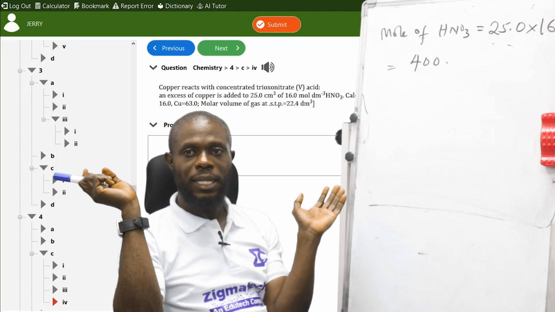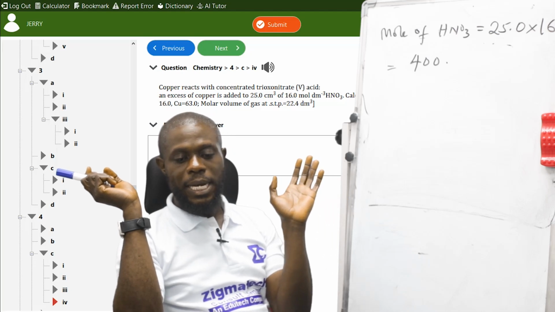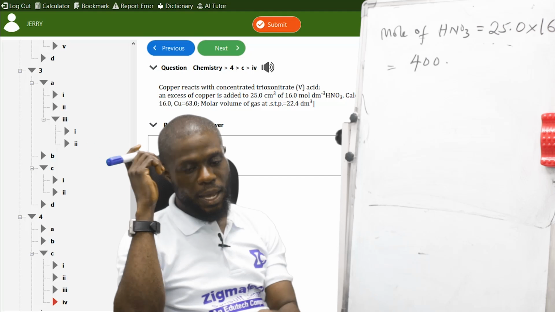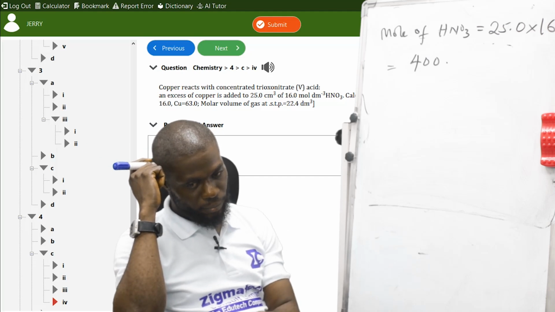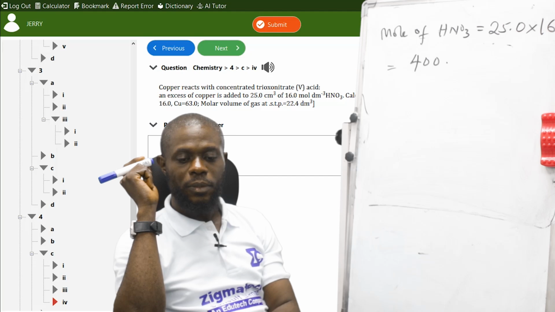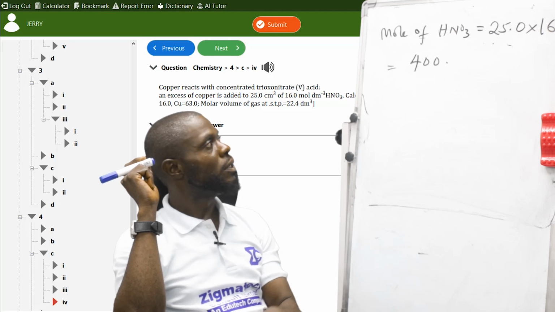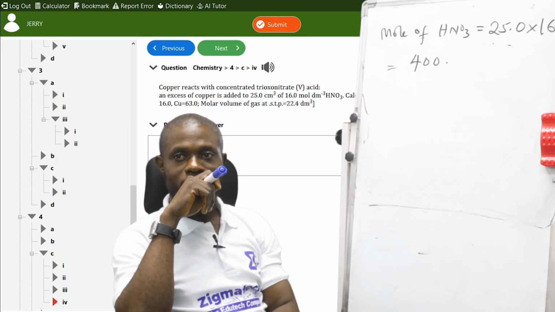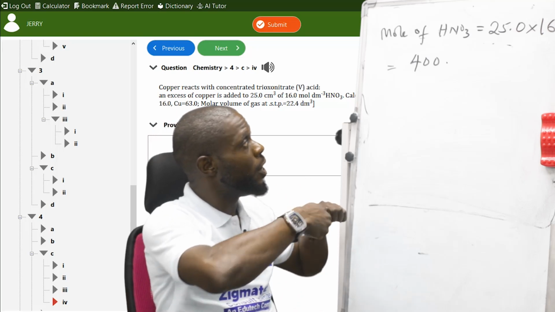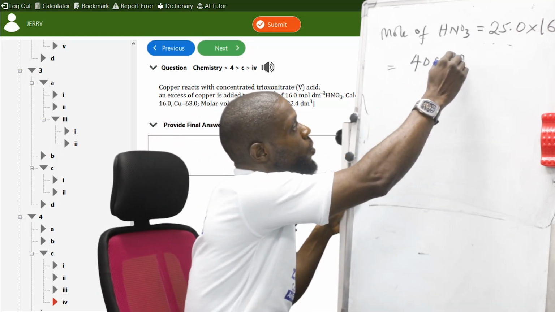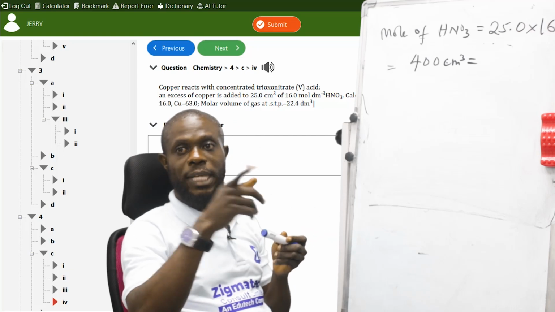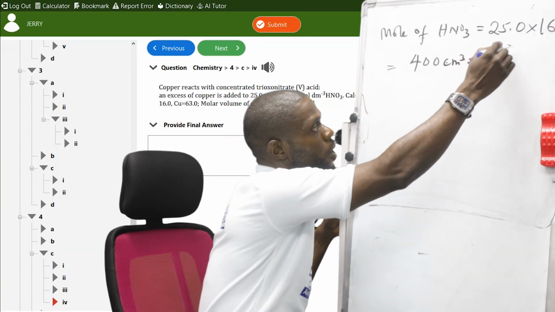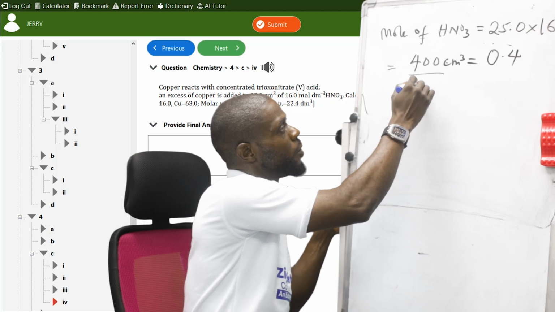Now, they say the molar volume of the gas at STP. Now, converting this to molar volume, because you have gotten this as cm cube. When you convert to decimeter cube, it will be 0.4 because it's divided by 1,000.